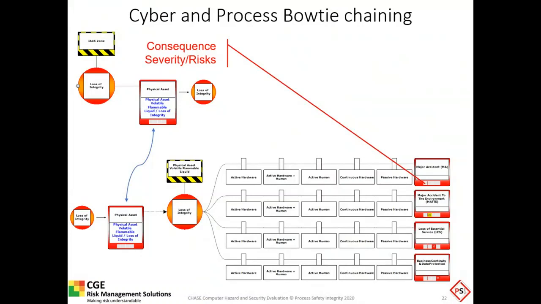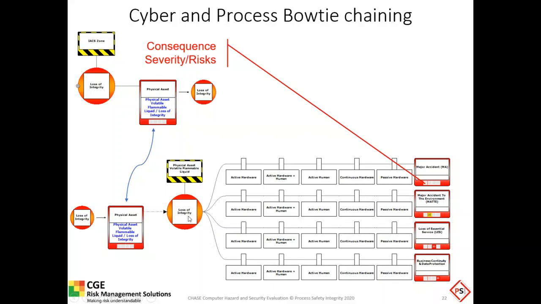Moving forward from your logical bow ties into your physical bow ties, effectively a breach or a loss of control from your logical bow tie, your industrial automation control system, the consequence of that may become a threat to a physical bow tie.